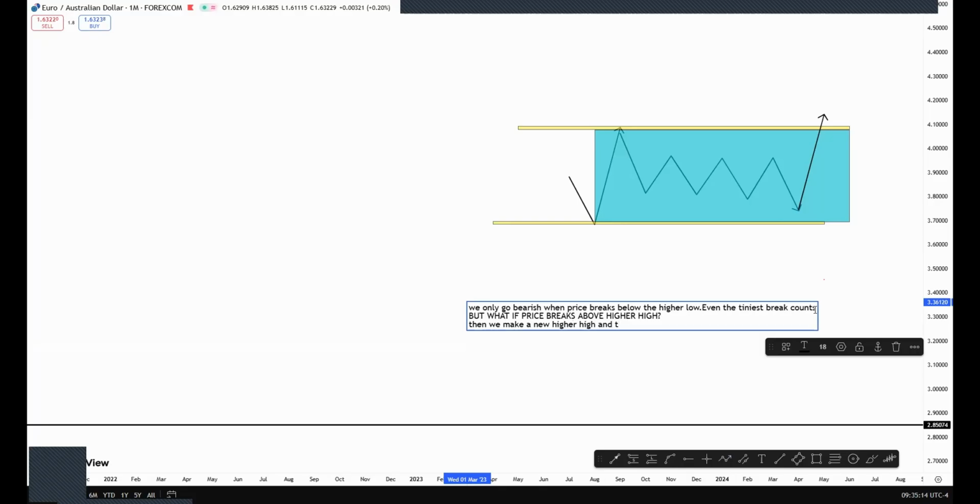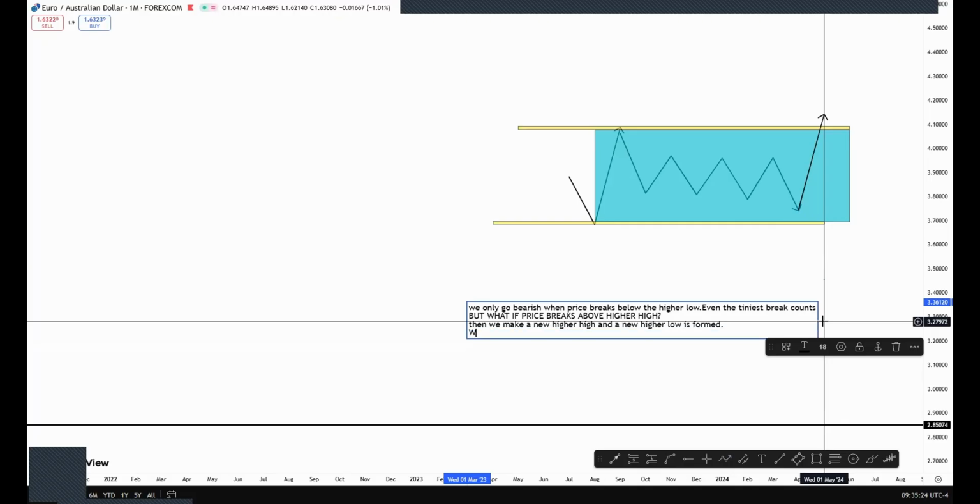and a new higher low is formed. We only have a new higher low when price makes a new higher high.